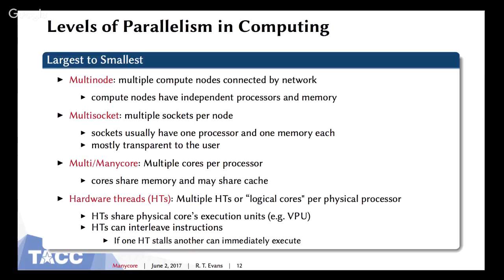Now, I have to say, in practice, I've only seen one case where running 2 hardware threads on one physical core showed an improvement in performance, and the improvement was just on the order of 1 or 2%. So in general, I don't recommend running this way, but I do recommend trying it because it's fairly easy to do. You're just running more threads of execution than there are cores, and if you do your placement right, it may give you an advantage.